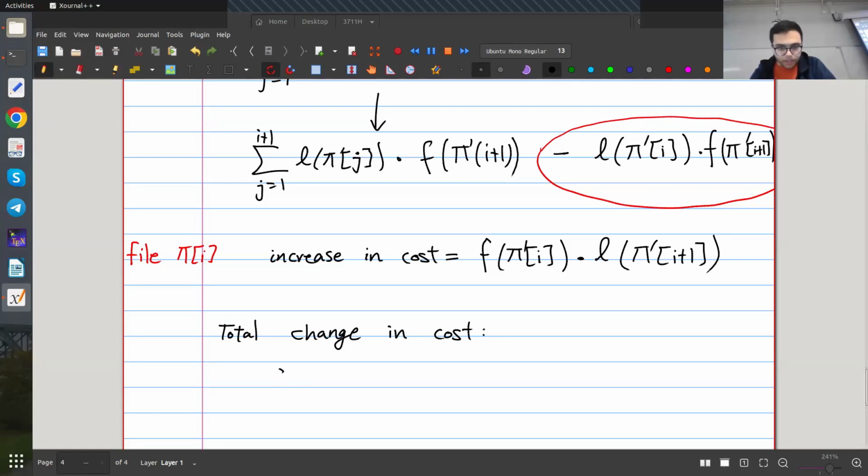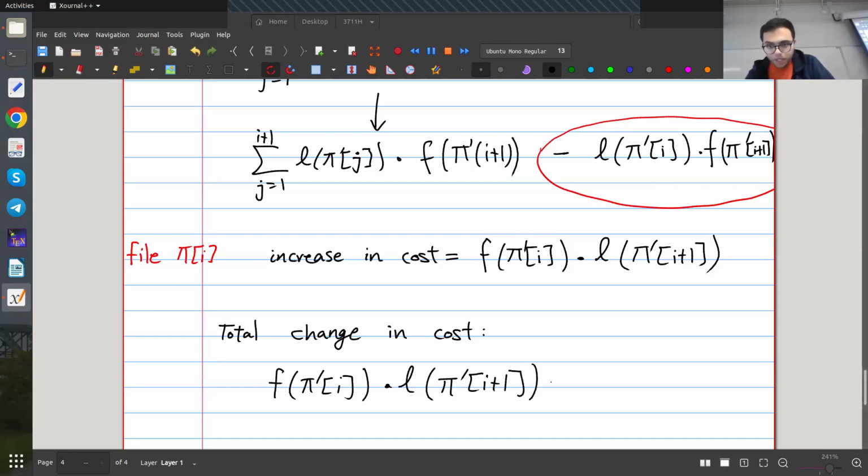So f of file i times length of file i+1 minus length of file i times f of file i+1. I want to say this is negative. I want to say my cost went down.